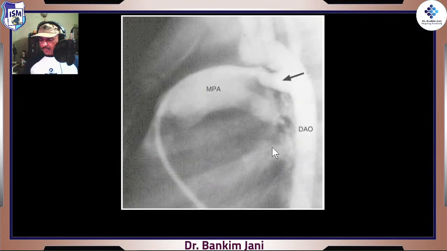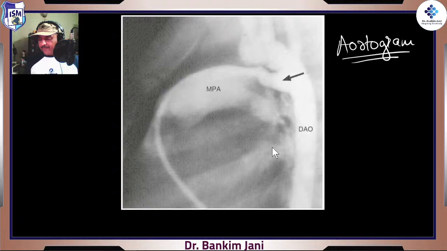Here is the aortogram, right? This is the aortogram or the aortography. And in this you can see that this is the descending aorta, right? That's the descending aorta. And that's your main pulmonary artery.